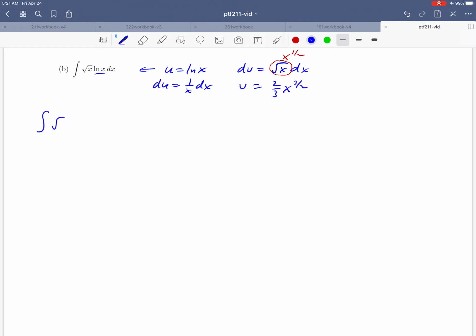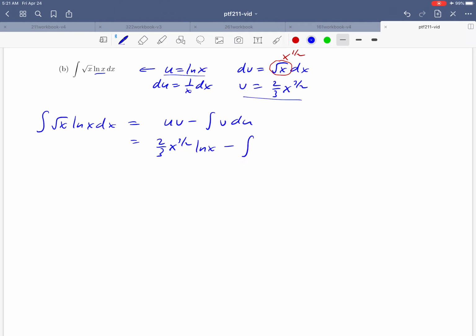So if we start with the integral that we were given and just rewrite it, the integration by parts formula looks like uv minus the integral of v du, so we'll fill in the pieces there. uv is going to look like, we need to put those two pieces together, so 2/3 x to the 3/2, there's the v, and the u looks like ln of x, so there's uv.